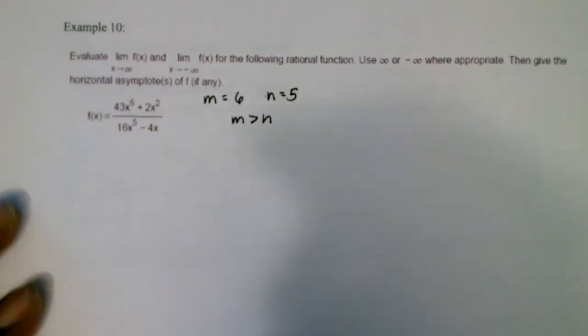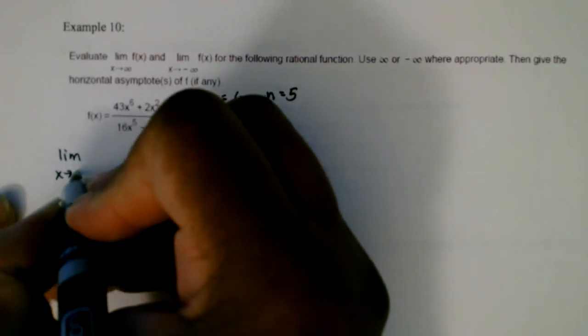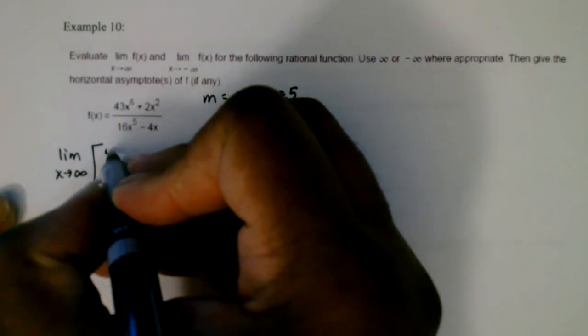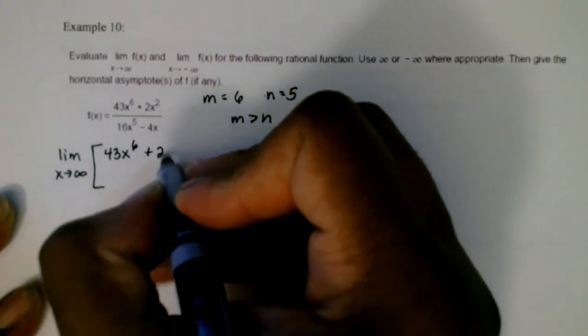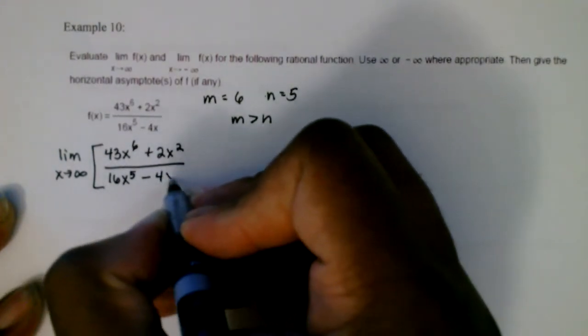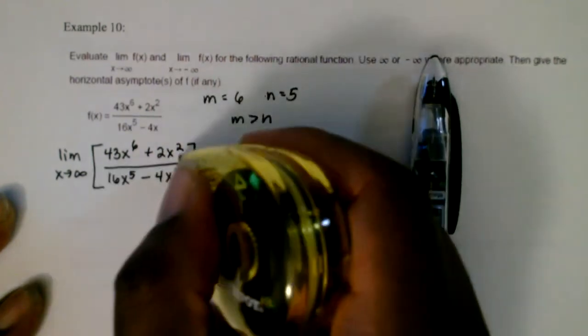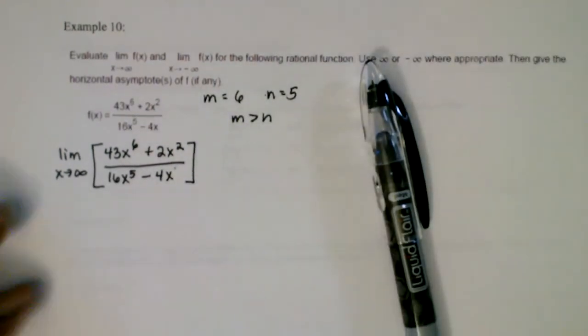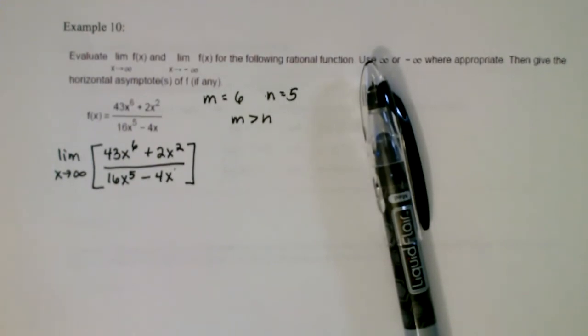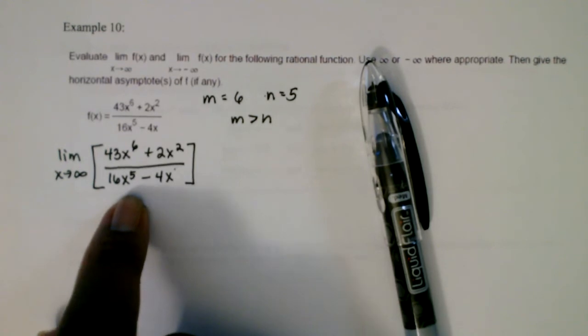So that means here, when we take the limit as x approaches infinity of 43x to the 6 plus 2x squared divided by 16x to the 5th minus 4x, not 4x squared, just 4x. Now, what I can do there is divide each and every term in the numerator and the denominator by the highest exponent of that denominator, which is, of course, x to the 5th.